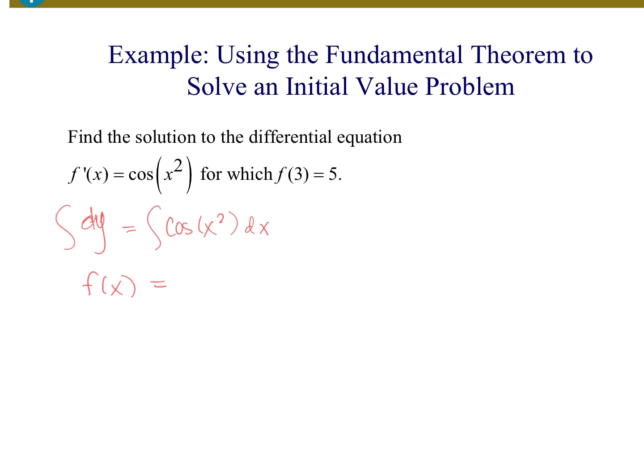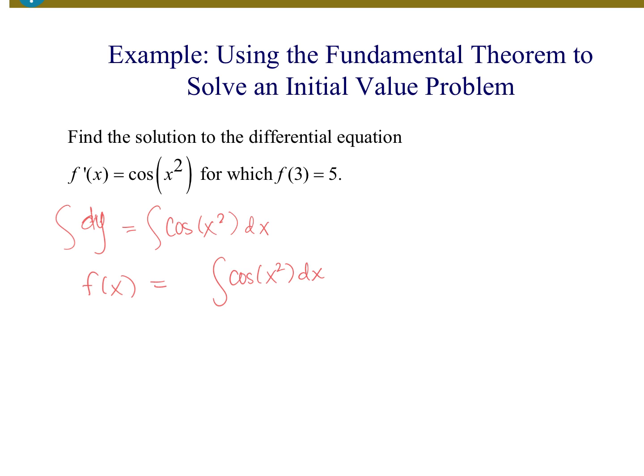It only works that way if it was a 2x, that would work. Like the cosine of 2x. You could do sine of 2x divided by 2, because the chain rule would just be a number, but you can't do it with variables. Okay, so that means we can't do this. We're stuck at the cosine of x squared dx.